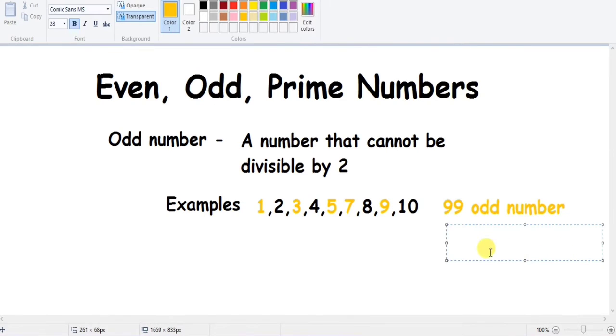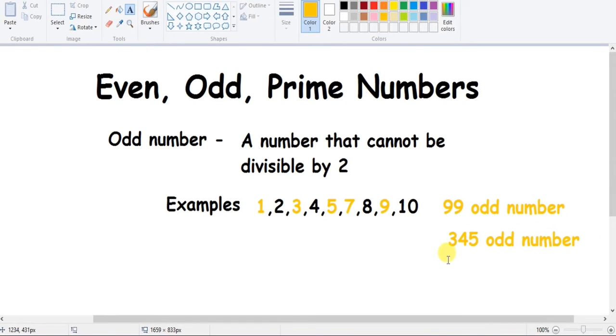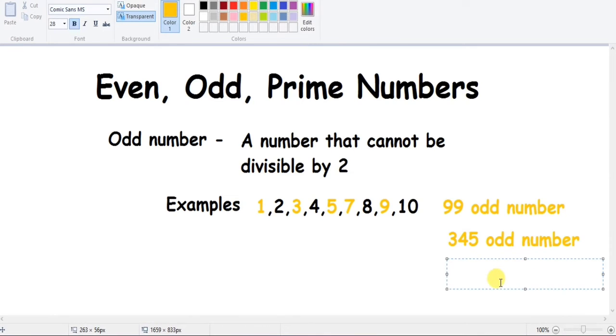The second one is 345. Is 345 an odd number? Yes, it is an odd number. Okay, you're doing good. The next number is 672.